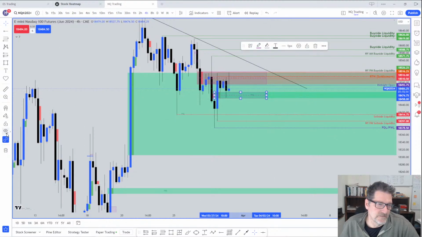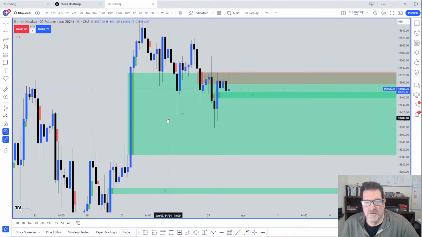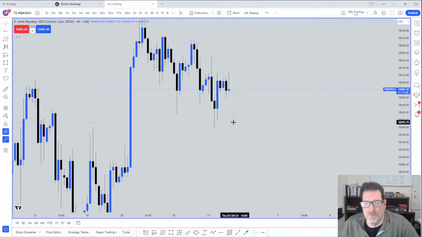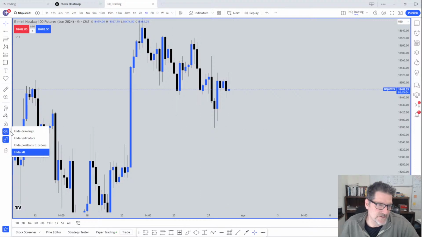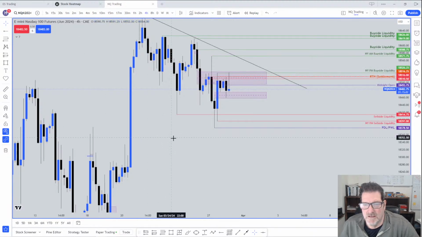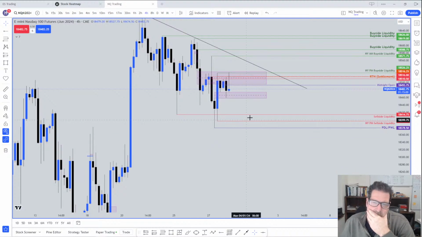Okay. I didn't want to hide all, I just wanted to hide my indicators. Okay, so we're basically stuck between two.